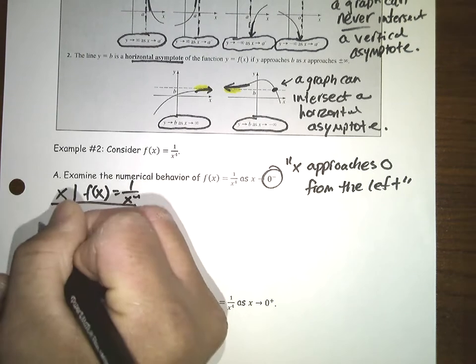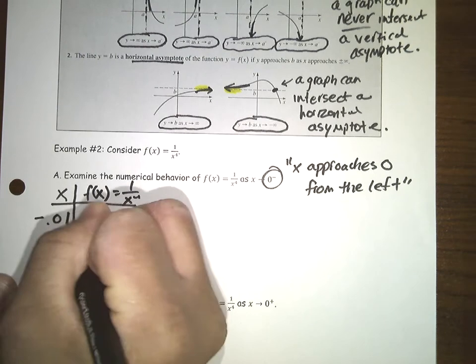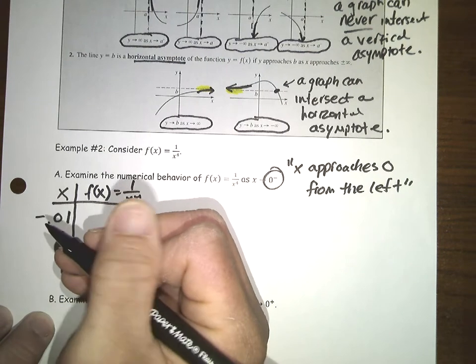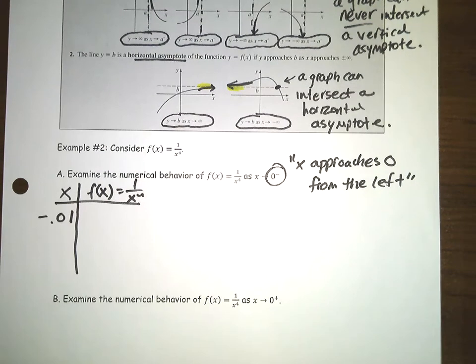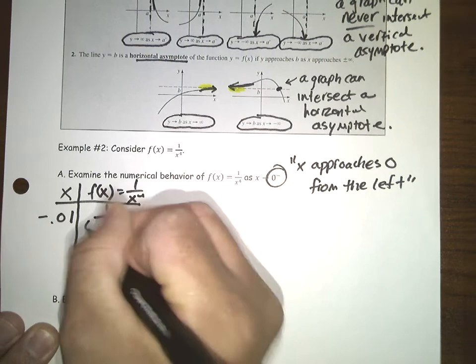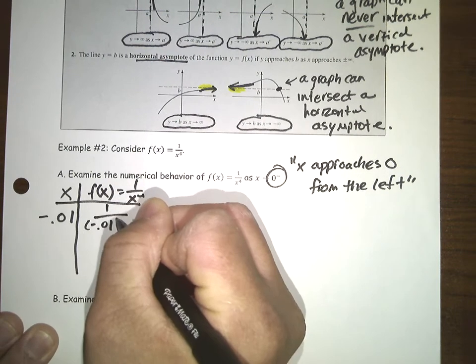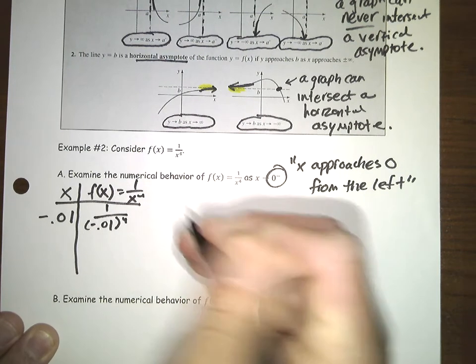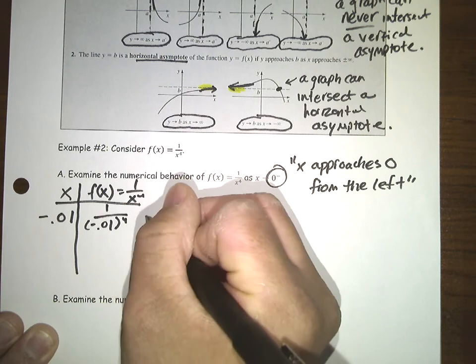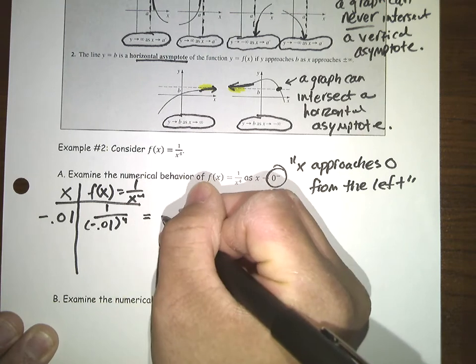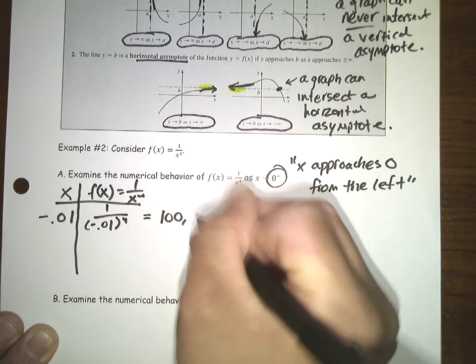If I do that, then I get 1 over negative 0.01 to the fourth power, and that ends up being 100 million.